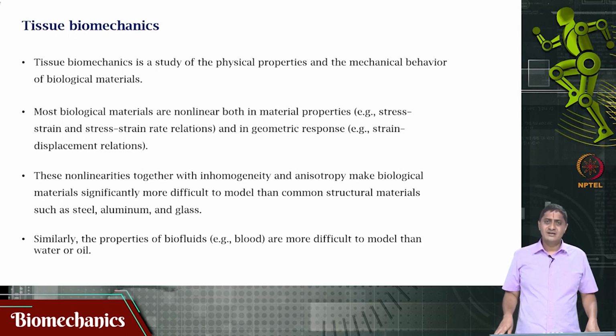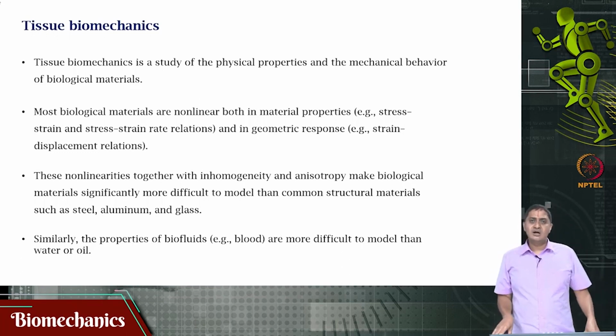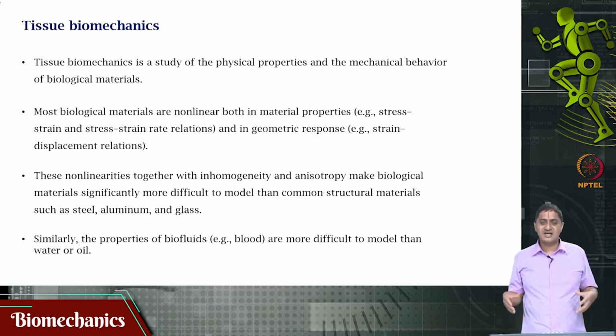Whereas in engineering, the materials that we deal with and use predominantly as engineering materials are those that have linear properties. But biological materials are not chosen by us. These materials are existent, they are there.